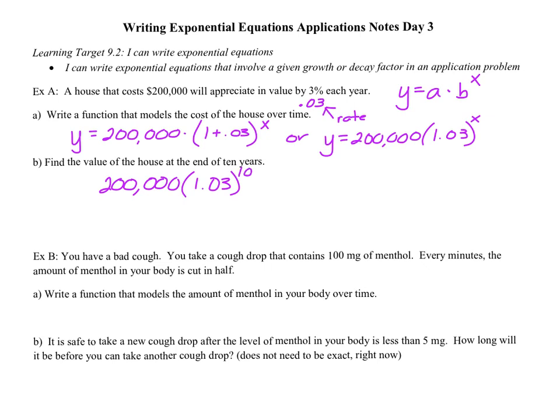We're going to see what that equals, and that equals $268,783, and that is dealing with money. So you gained $68,783. Pretty good. Well, 10 years, I guess it depends on the market. Anyways, all right, next problem.